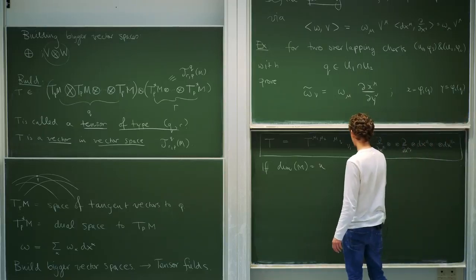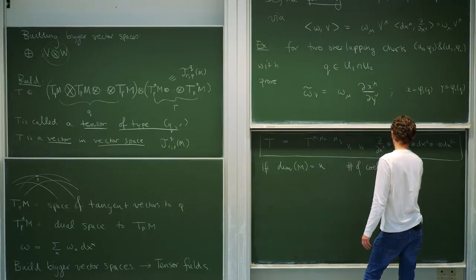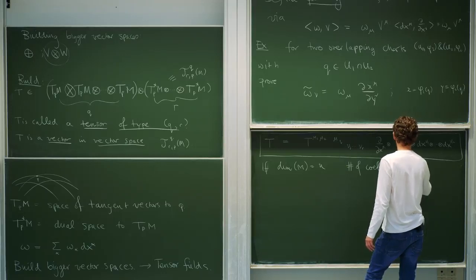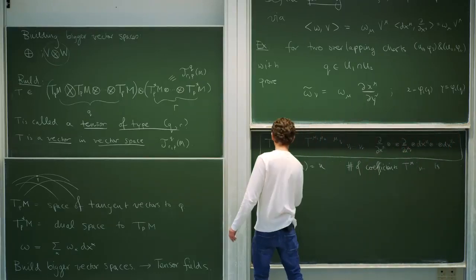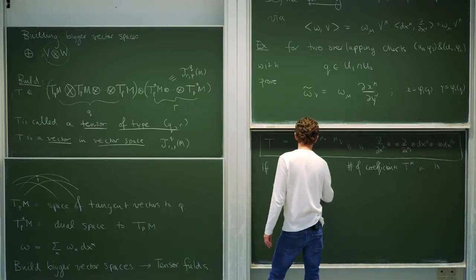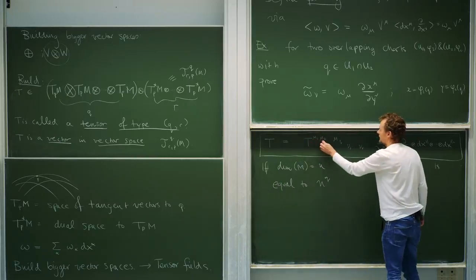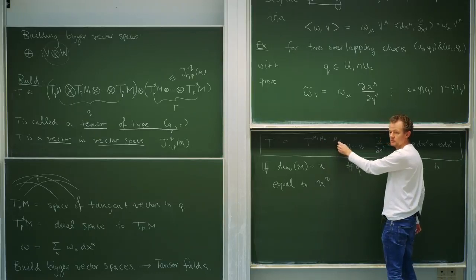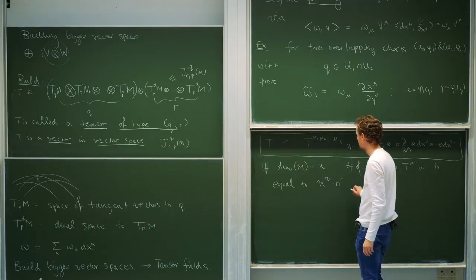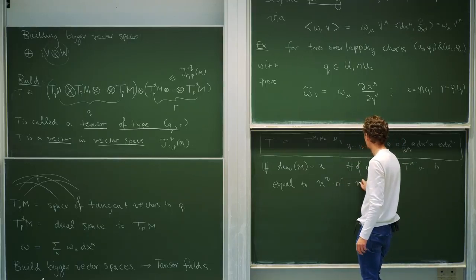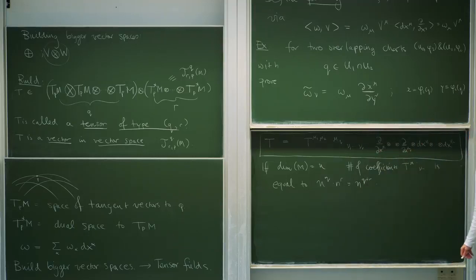So the number of coefficients T^{mu...}_{nu...} is equal to n to the power Q, right? We have n times n all the way up to Q factors, times n times n times n all the way to the nu R. So we need that many coefficients, n^(Q+R), to specify a tensor of type Q, R.